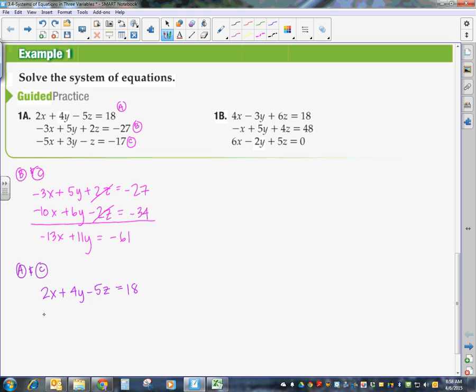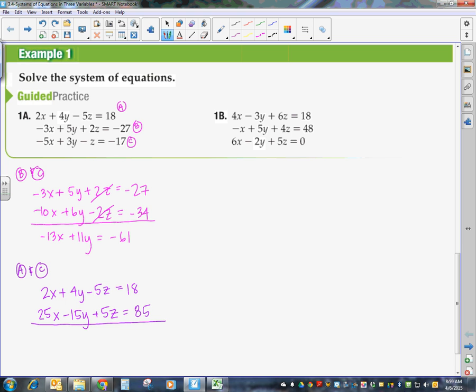So negative 5 times negative 5 is 25x. Negative 5 times positive 3 is negative 15y. And negative 5 times negative 1 is positive 5z. And negative 5 times 17 is negative 85.